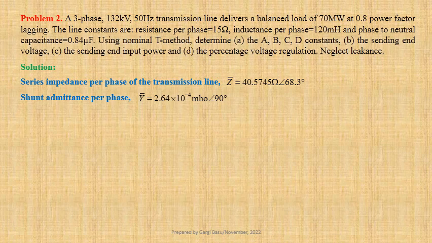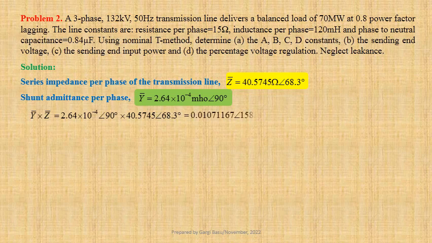Let us now calculate Y into Z. Using values we get 2.64 into 10 to the power minus 4 at an angle 90 degree into 40.5745 at an angle 68.3 degree. That gives us 0.01071167 at an angle 158.3 degree.